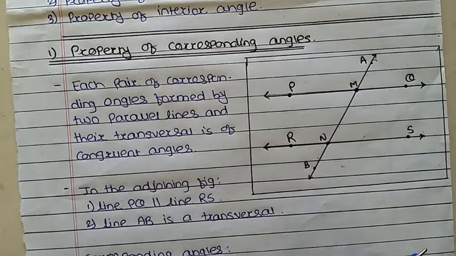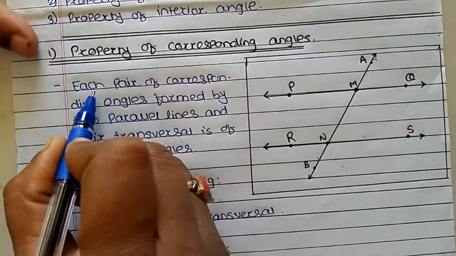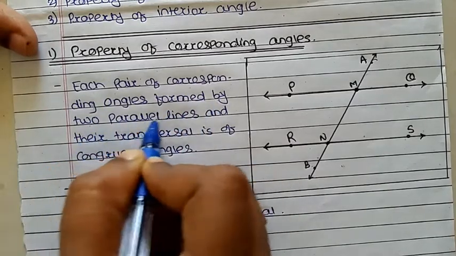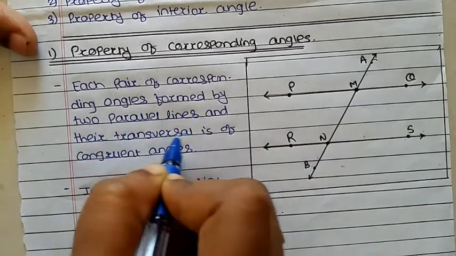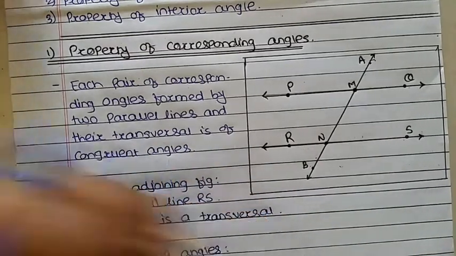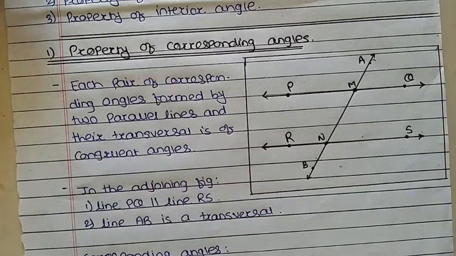Clear? Next, each pair of corresponding angles formed by two parallel lines and their transversal is of congruent angles. What is meant by congruent here? Congruent means the same, or equal angles.